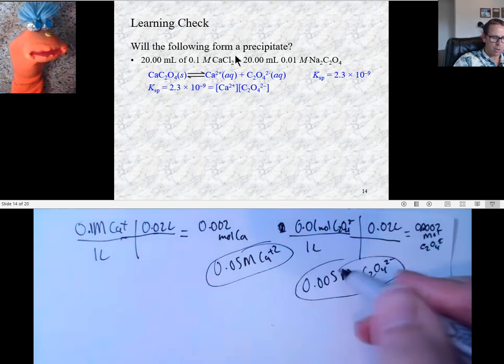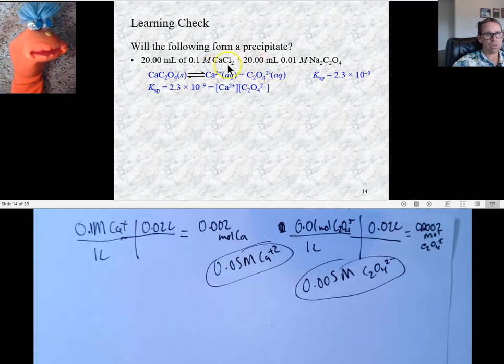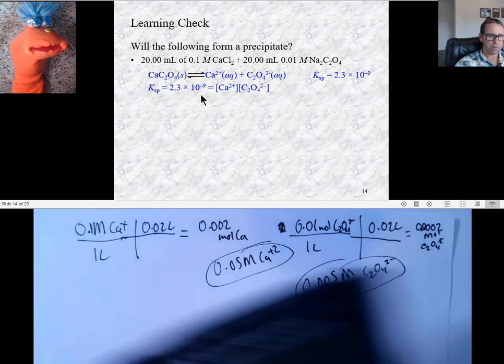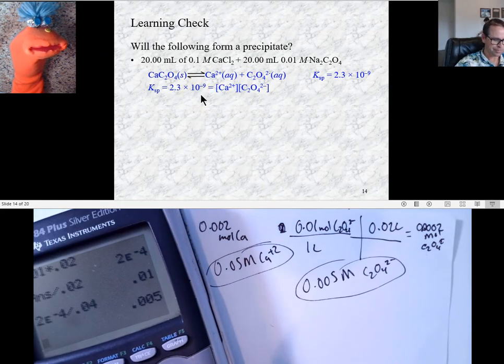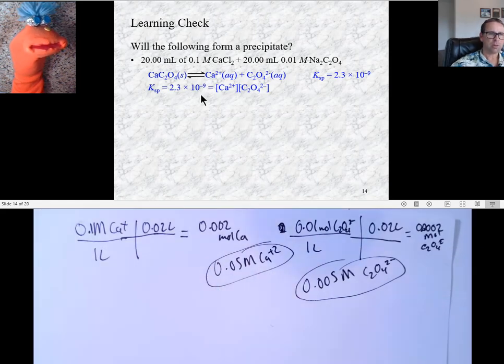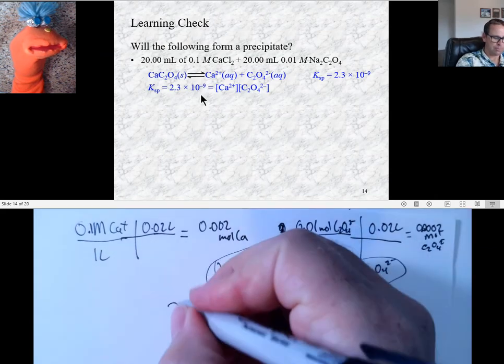I got the molar concentration of my two components here, and I can multiply them together to find my Q, my current quotient, which, if I multiply those together, I get 2.5 times 10 to the minus 4.